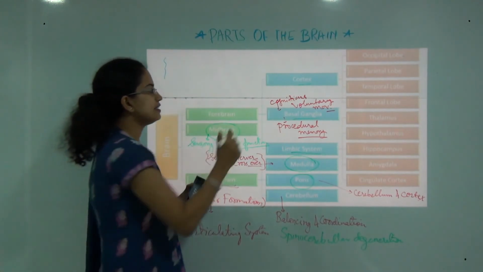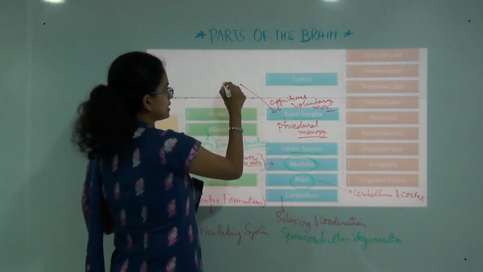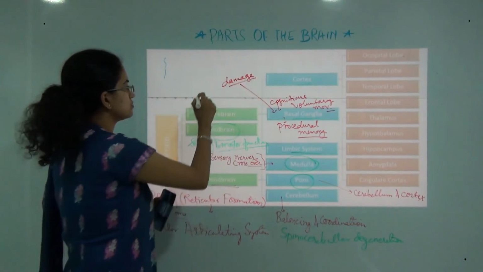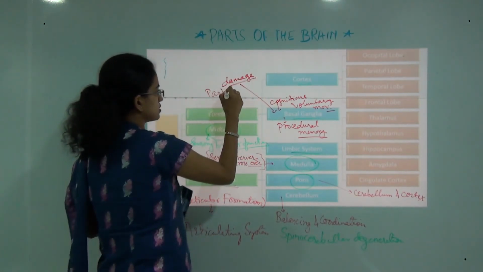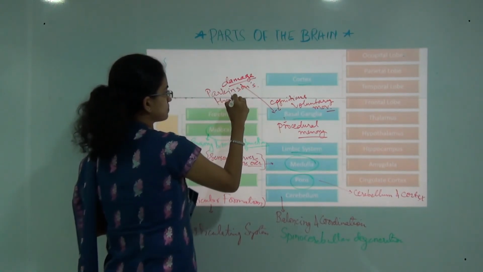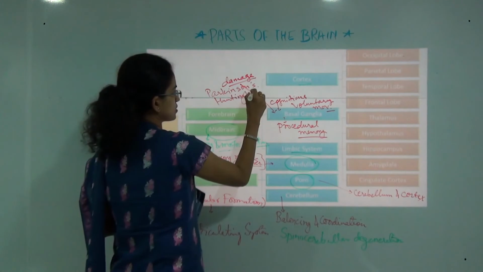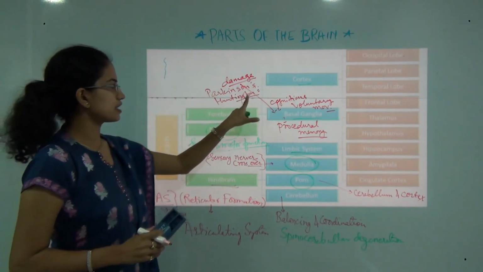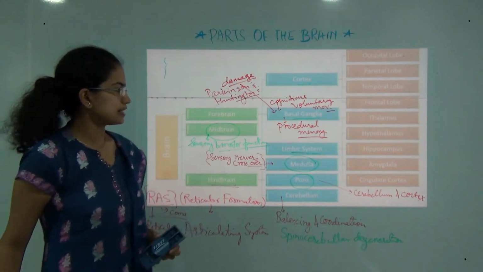Damage to the basal ganglia can lead to two major diseases, which are known as Parkinson's and Huntington's. So these two are the major disorders caused by damage to the basal ganglia.